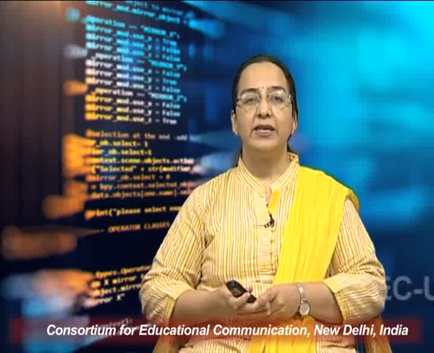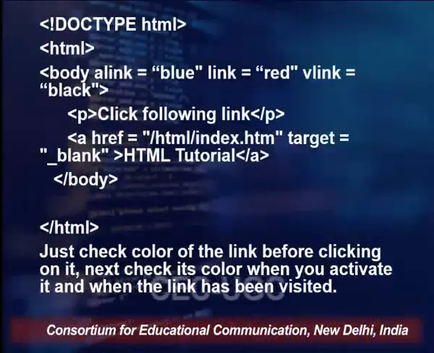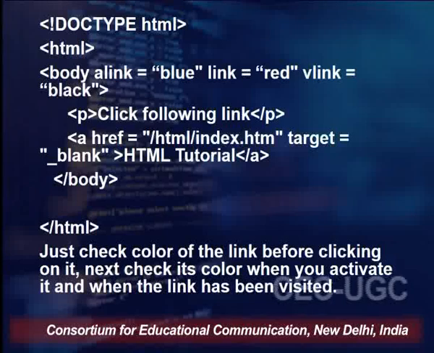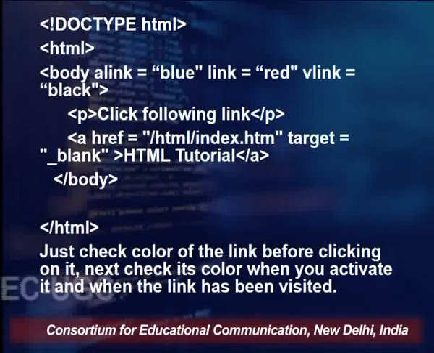Now let's say we want our active link as blue, the normal link as red, and vlink as black. What is the difference between these three? alink is the active link; this is the color of the link when it is active, that means when we take our mouse pointer onto it.